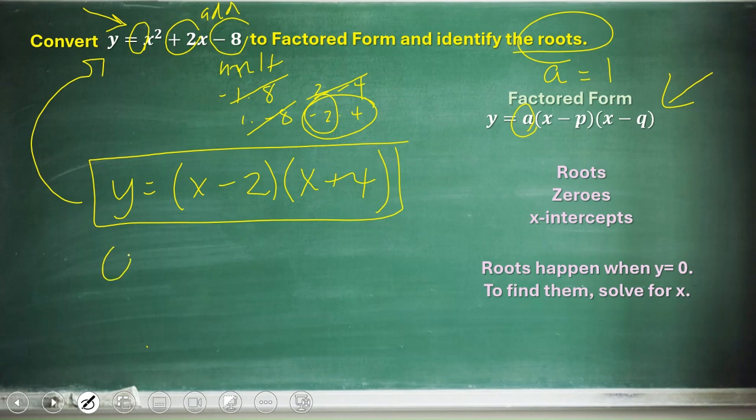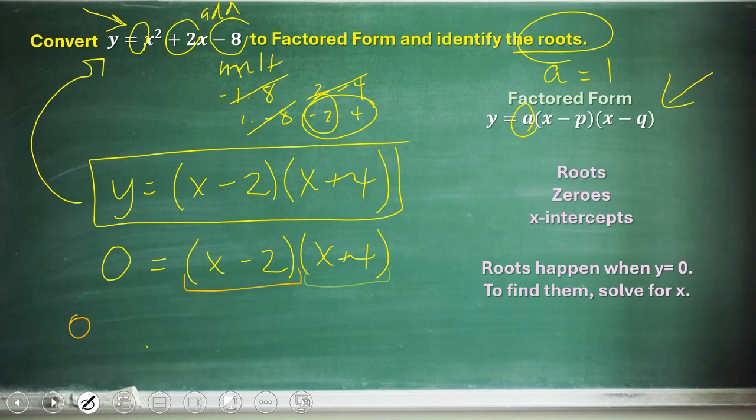So to solve for this, I'm going to say 0 equals the quantity of x minus 2 times the quantity of x plus 4. Now, here's what I know about binomials. When this whole binomial is equal to 0, the whole equation is equal to 0. And when this binomial has a value of 0, the whole equation also equals 0.